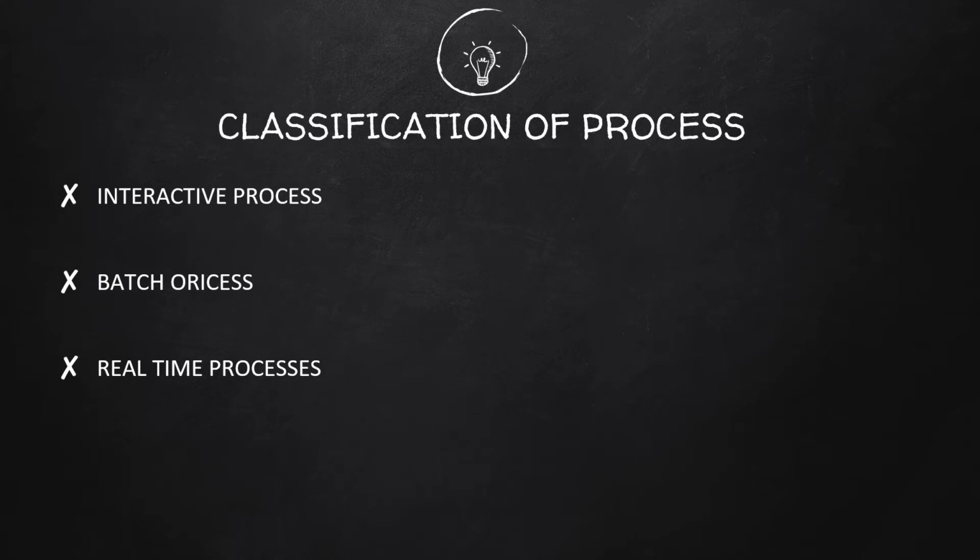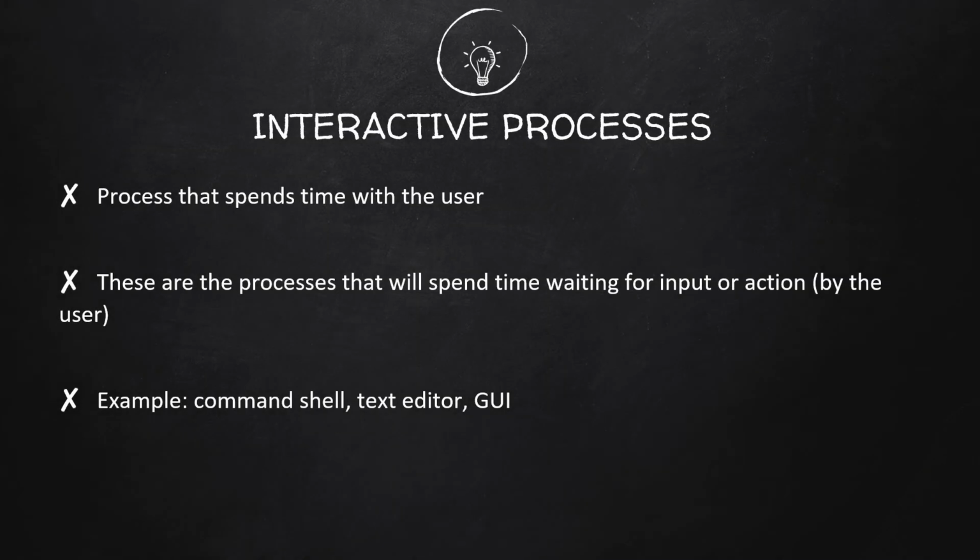So the three types of classification of processes are: the first type is interactive process, the second type is batch process, and the third type is real-time process. We will look at each type in a little more detail. Interactive processes. These are processes that spend time with the user, or to be clear, spend time waiting for the user.